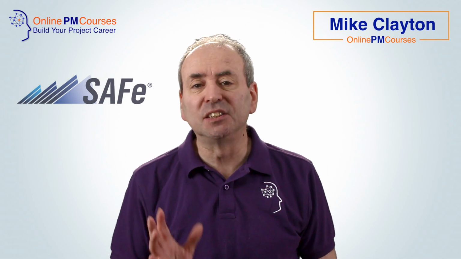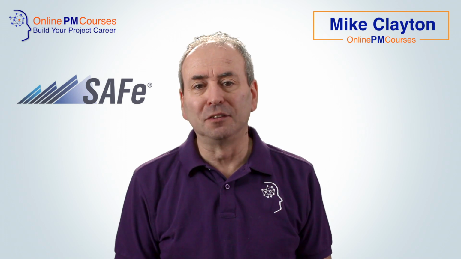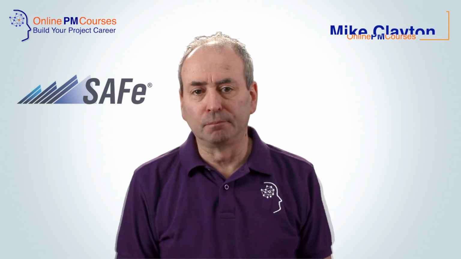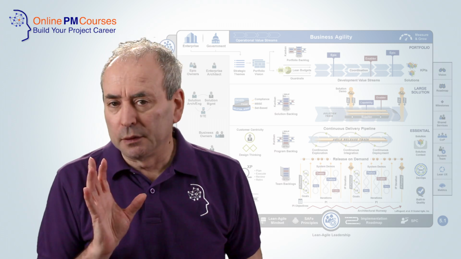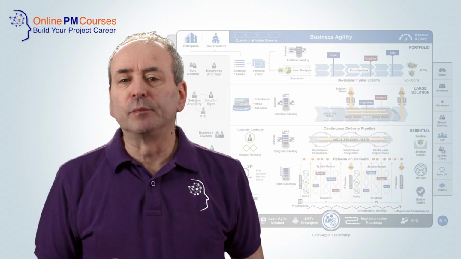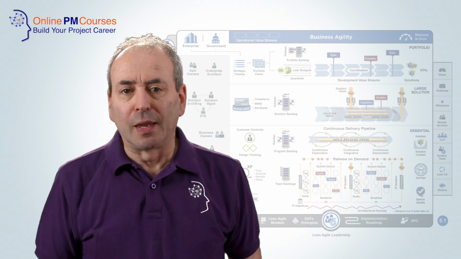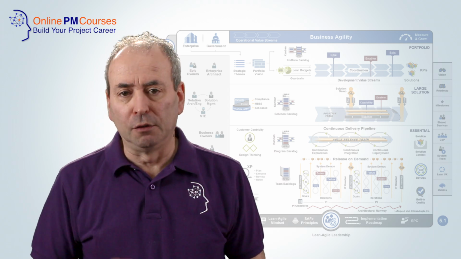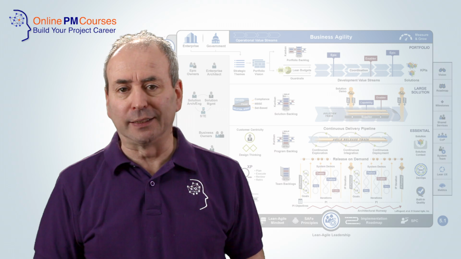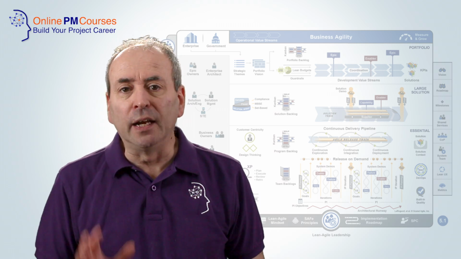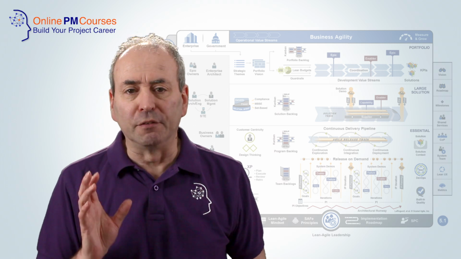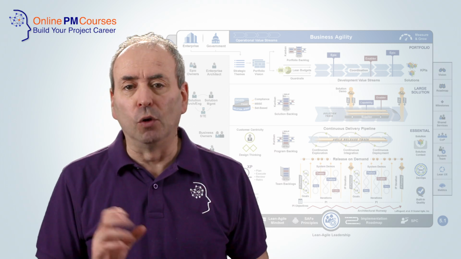Hence the name Scaled Agile Framework. We're done. Seriously though, Scaled Agile Framework gives the organization a structured approach for scaling their Agile practice to the level that they need it. It offers 4 different configurations at 4 different scales.